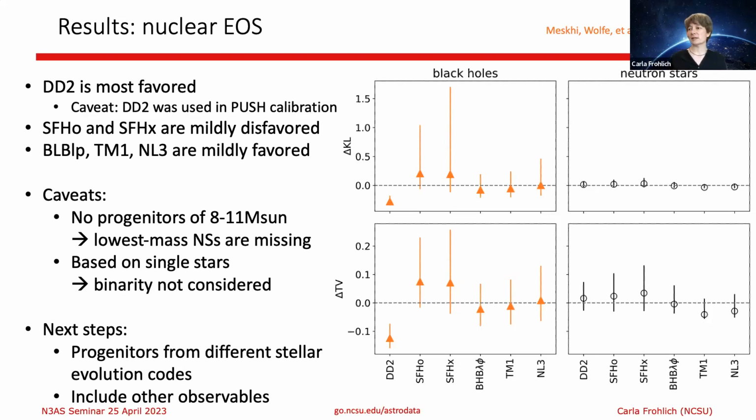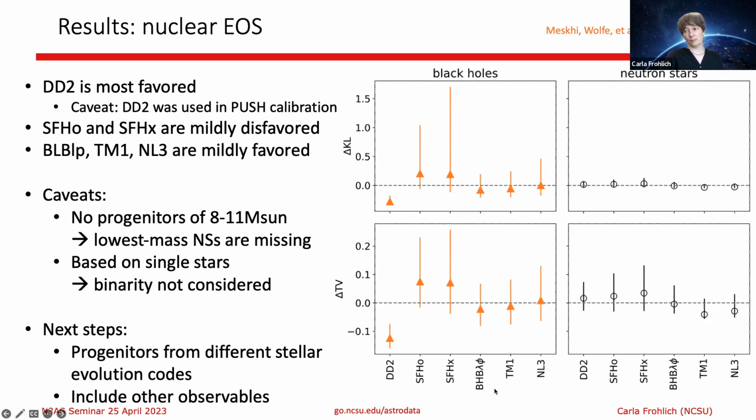So we're probably missing the lightest neutron stars that come out of core collapse supernovae. Also, this is all based on the idea of a single isolated star. We now know that most stars live in binaries or maybe even multiplets. So these are all effects that are not captured by our PUSH simulations and by the progenitors we had available for this study.